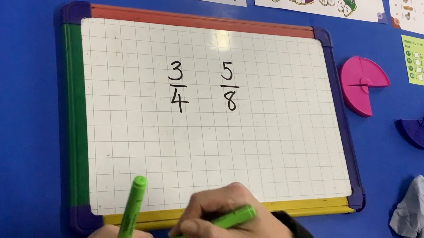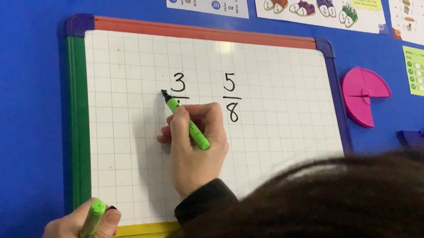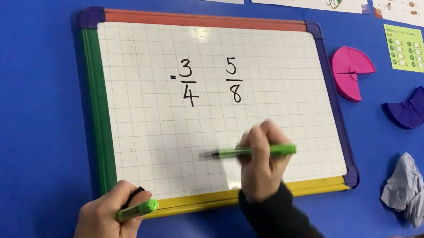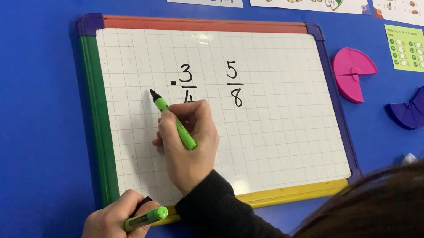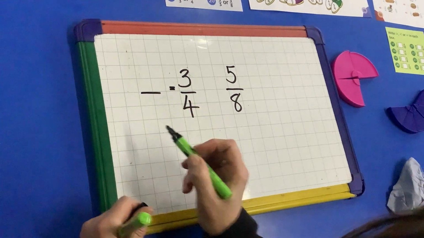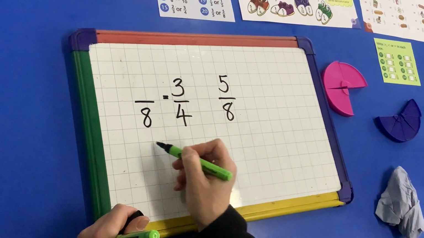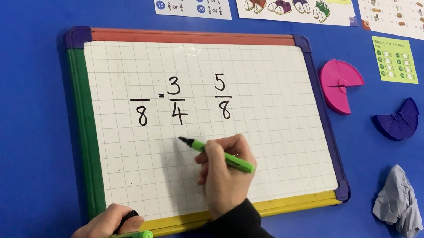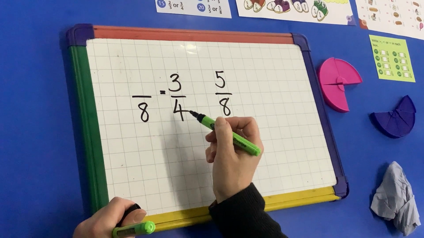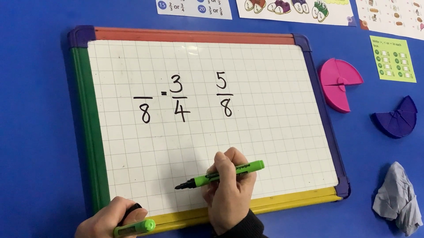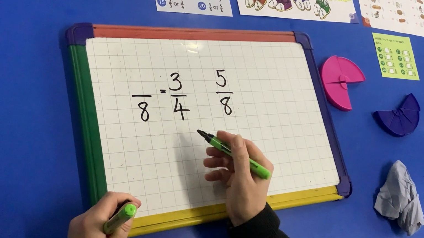Now, remember what I said. Whatever you do to your denominator, you've got to do the same to your numerator. I know that I want my denominator to be in eighths. And this works because 4 and 8 are both in the 4 times table, aren't they?